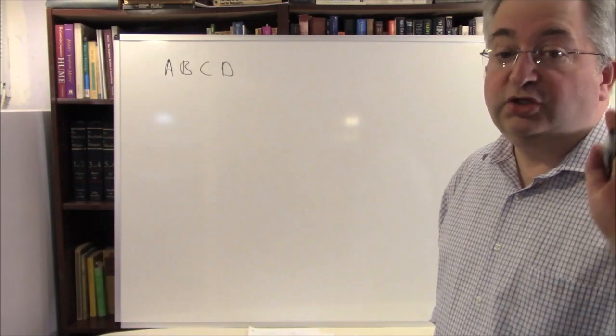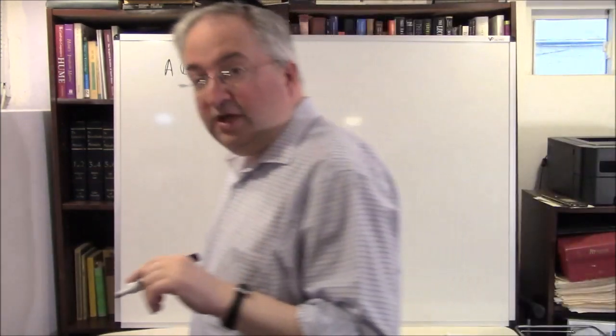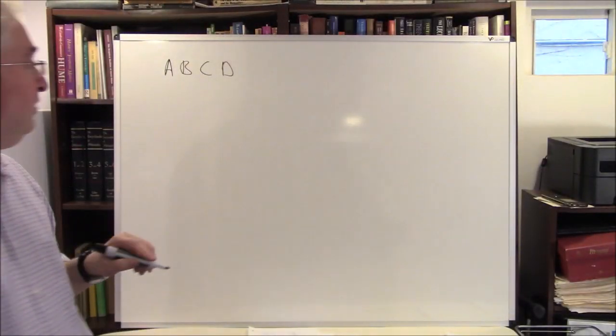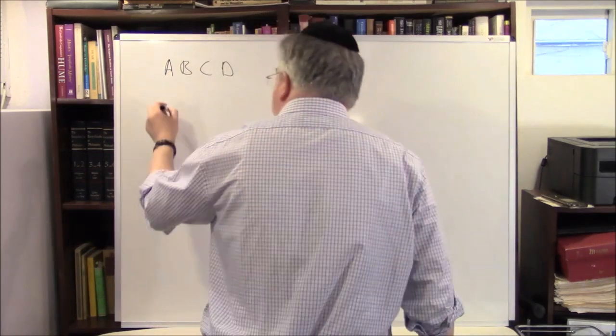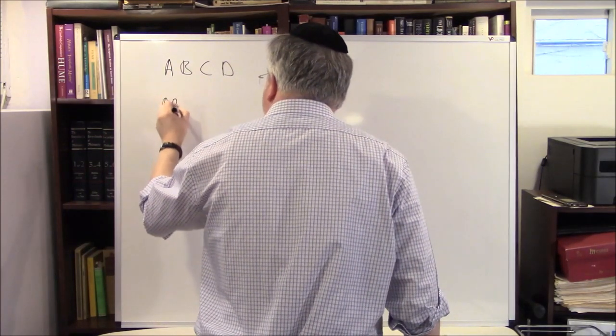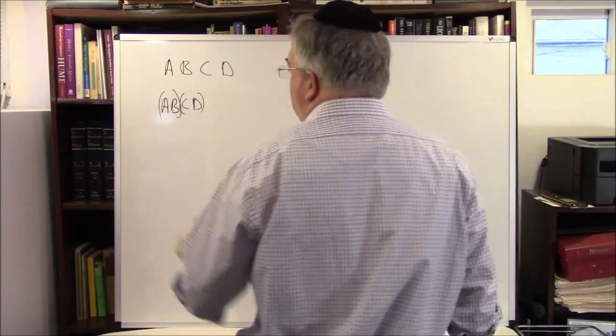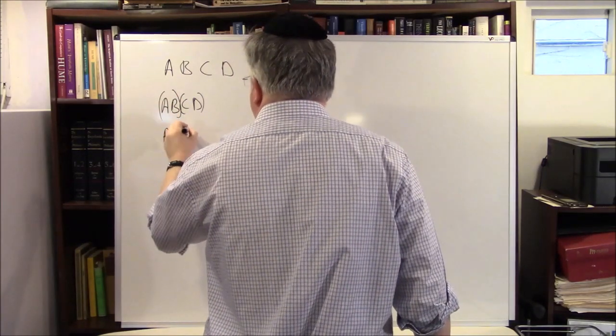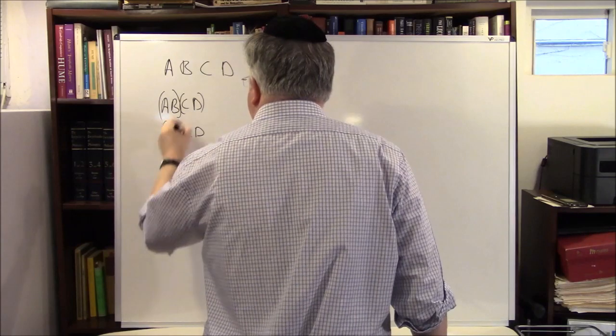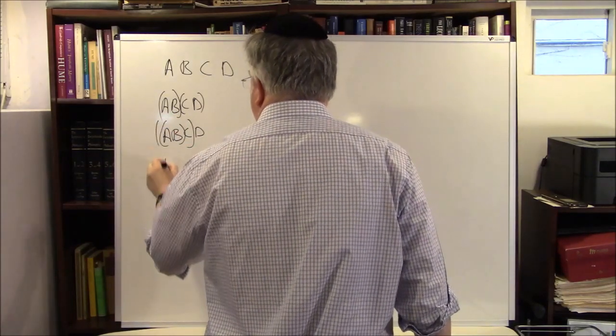Stop the video and try to figure it out yourself. Anyways, we'll do it. You ready? A, B, C, D, you could do it like that. Or you could do it like this. Or you could do it like these.